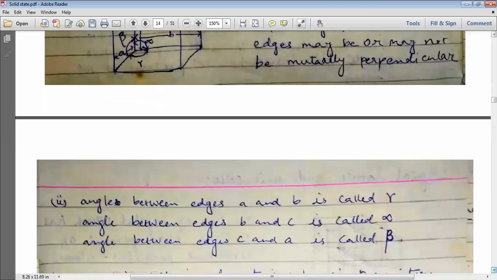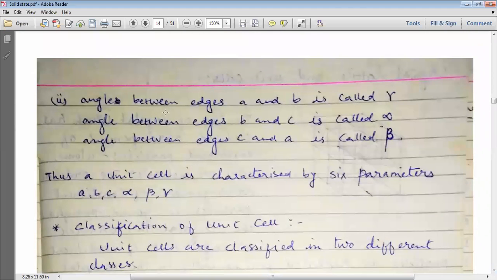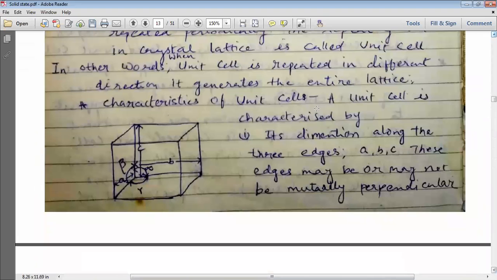You can see that the angle between edges A and B is called gamma. You can see here that this is your A, this is your B, and this angle is known as gamma.